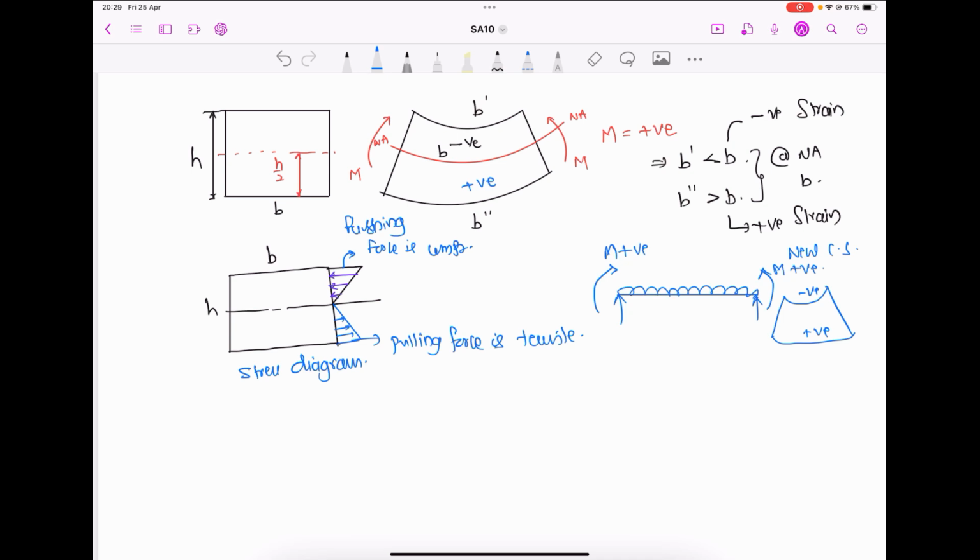How will be the strain? Strain will be like this. Compression means negative strain, this is positive strain. It is negative, it is positive. This is strain diagram.